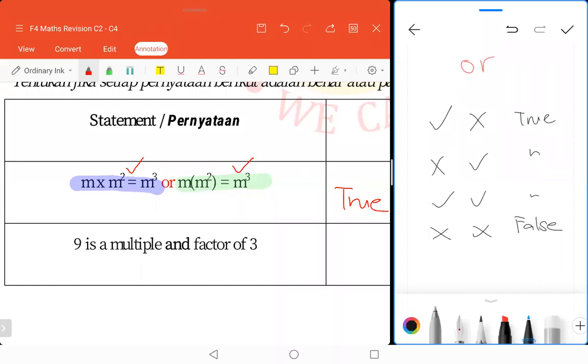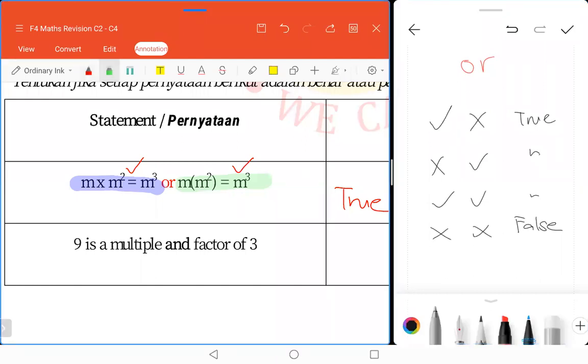Next question here. 9 is a multiple of 3. Is 9 a multiple of 3? Yes or no? Yes, correct. Okay. But then is 9 a factor of 3?